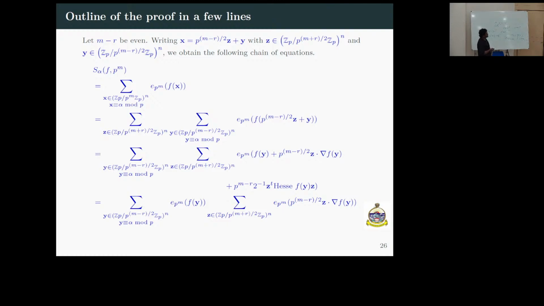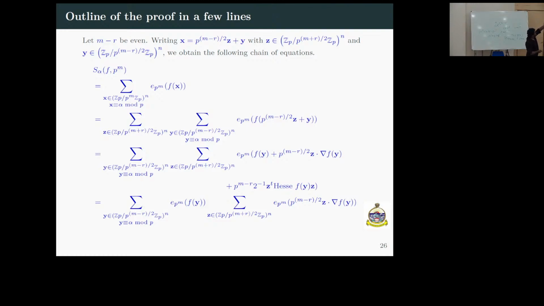Then let us break all those x in the n-tuple into such parts: x equals p to the (m minus r)/2 times z plus y, where z runs over z modulo p to the (m plus r)/2 in the n-tuple, and we take the rest as y.